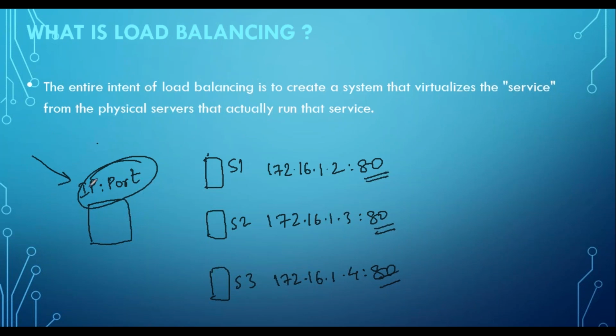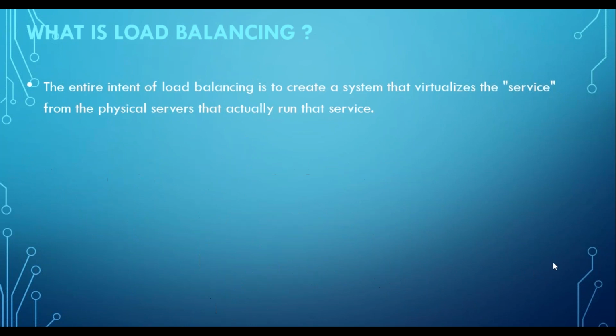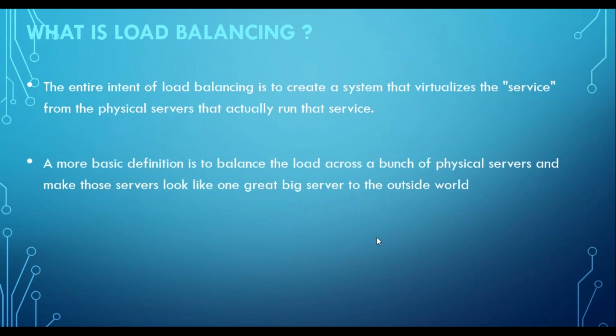My entire intent of load balancing is to create a virtualized system and represent the services in such a way that it represents all these three servers. A more basic definition would be to balance the load across a bunch of physical servers so that it looks like one big server to the outside world.